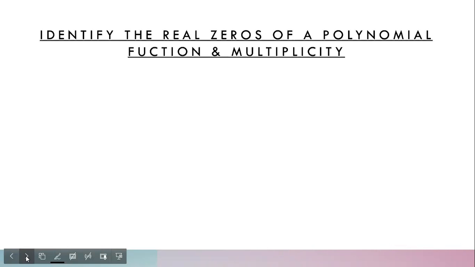So now going on, we will be identifying the real zeros of a polynomial function and their multiplicity. So here, same thing, we're doing f of x equals -7 times x minus 4 times x plus 6 quantity squared. So looking at this, we can see our zeros are going to be 4 and -6. They're always the opposite of what they are in here.